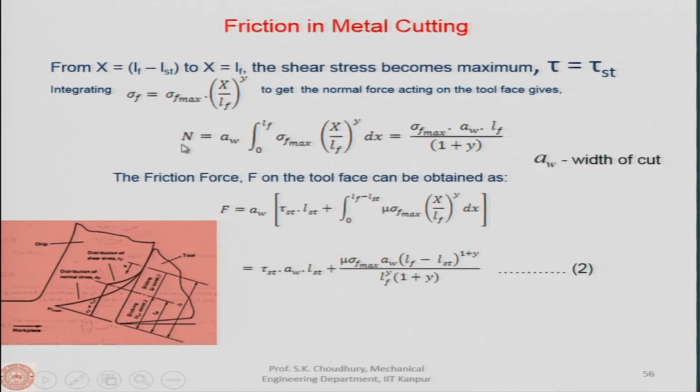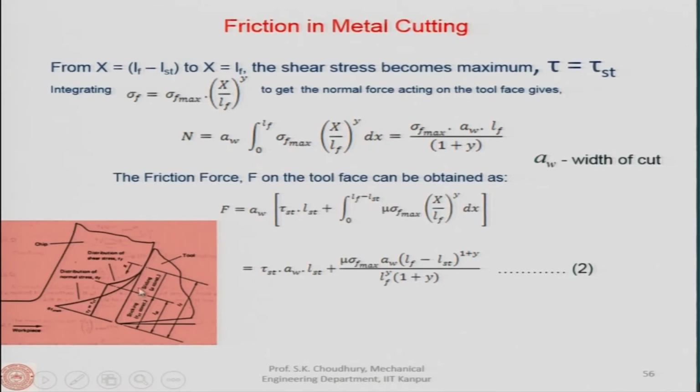From here we can get the normal force if we integrate the area below this and multiply by the width of cut, integrating sigma f max (x by LF) to the power y.